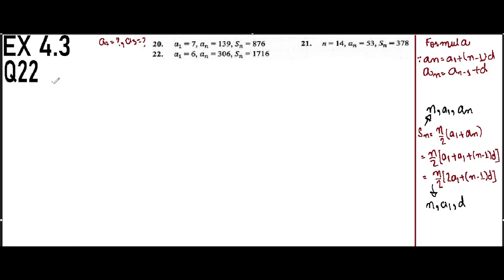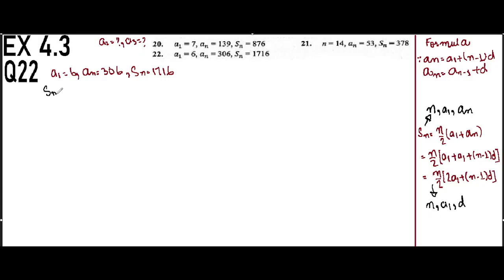Question number 22 says a1 is equals to 6, an is equals to 306, and Sn is equals to 1716. Okay, again we are given the same kind of values as in question number 21. So first of all, we are going to use this formula to find not a1, we have to find n using that formula.